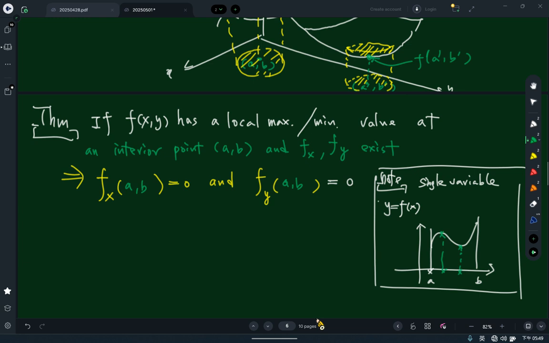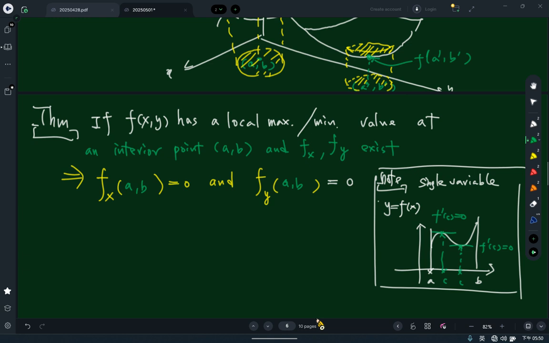You can see for the green points, they are interior points, right? They are not endpoints, they are interior points within A and B. So for this C or this C, we always have f prime C equal to 0, I mean for the interior point. At that time, we also know that endpoints may possibly provide local maxima or local minima.